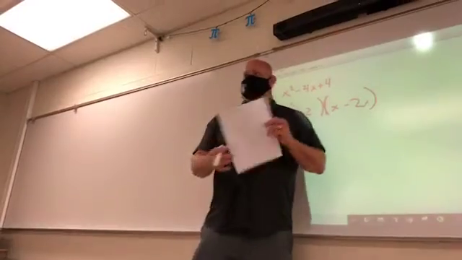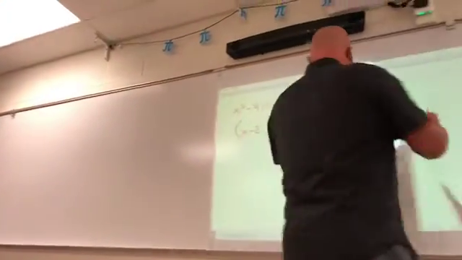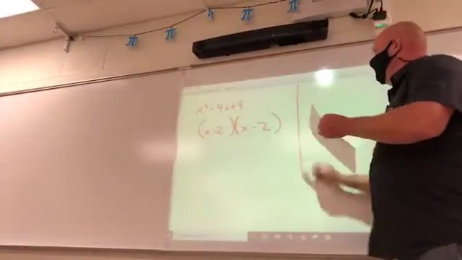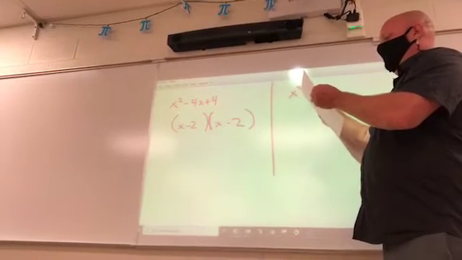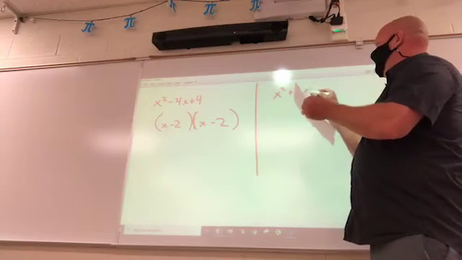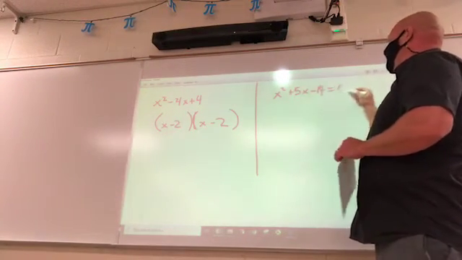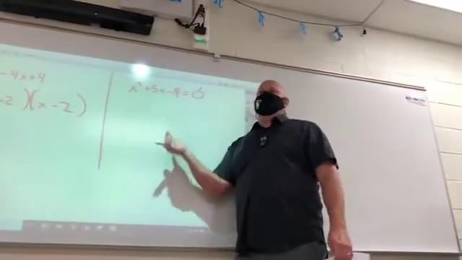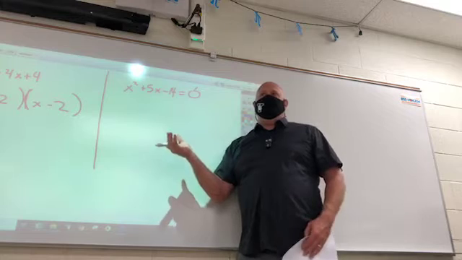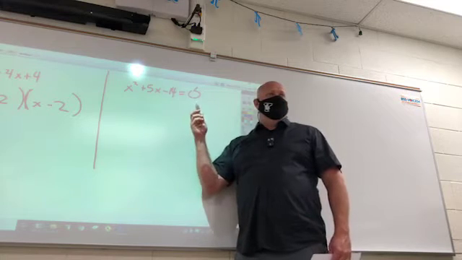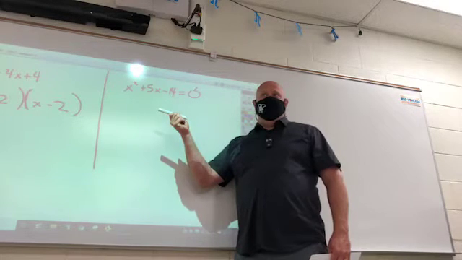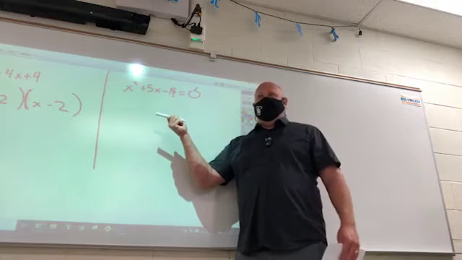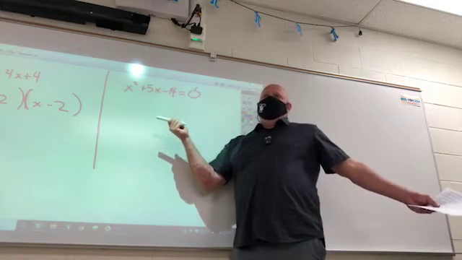All right. How about number 17, where it said x squared plus 5x minus 14 equals 0. They wanted you to solve this, but what's the best method to solve this particular quadratic? This one's factoring all day long. This is easy.